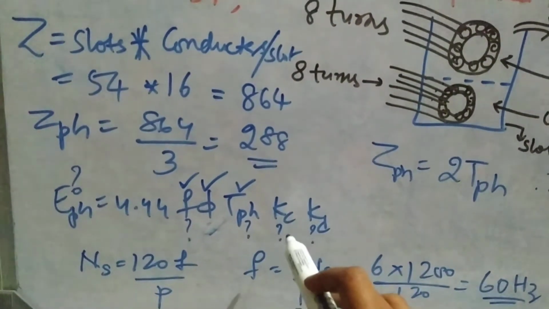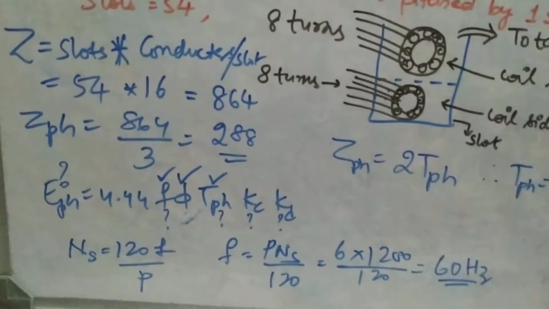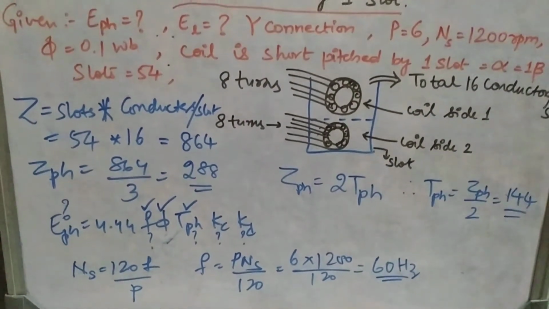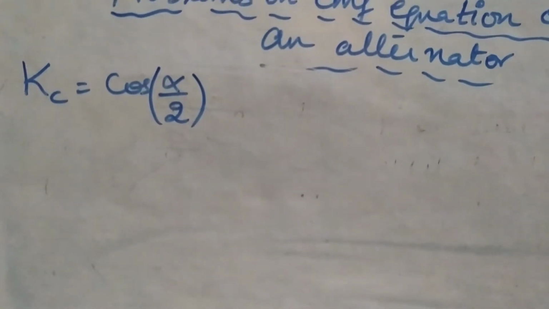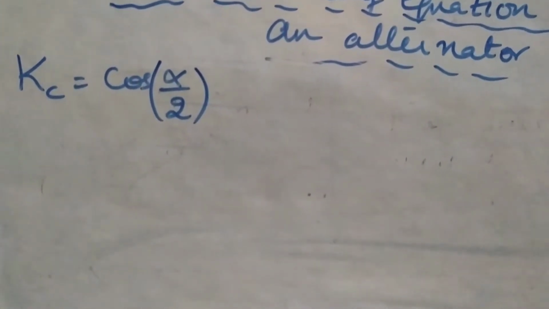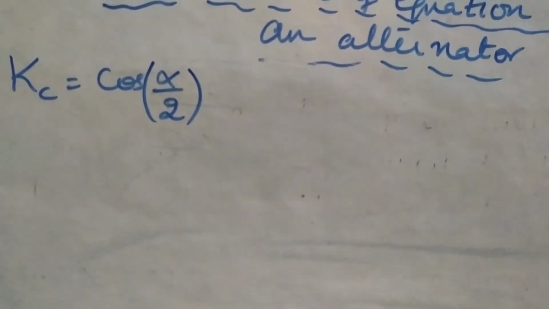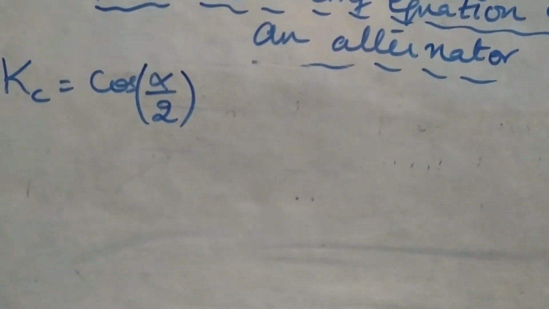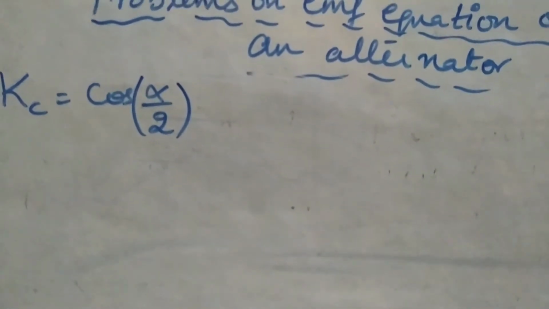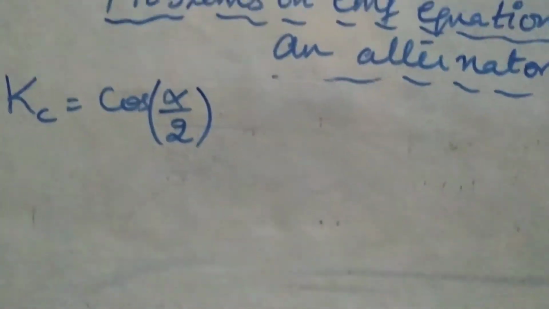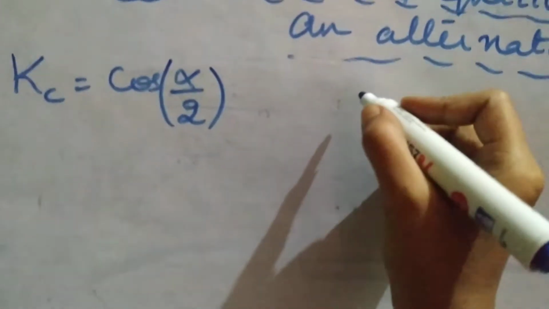Now the next aim is to find out Kc and Kd. Kc can be found as cos of alpha divided by 2, but we don't have any information about alpha. But they have given that it is short pitched by 1 slot. Before we get alpha, we should find out beta.